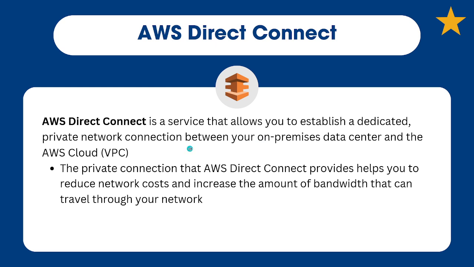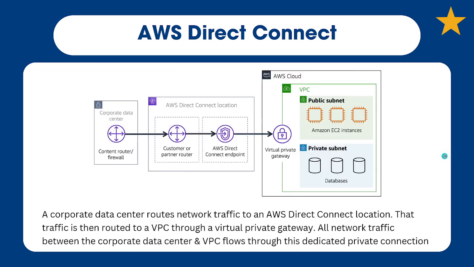So you don't have to provision this connection yourself. You can use AWS Direct Connect. So the private connection that AWS Direct Connect provides helps you to reduce network costs and increase the amount of bandwidth that can travel through your network. So AWS has a solution for everything. You want to connect your VPC to your corporate data center, just go ahead and use AWS Direct Connect. It can save you a lot of money.